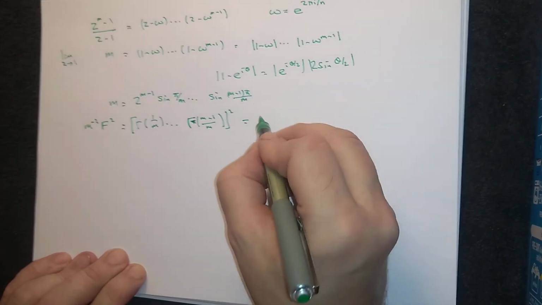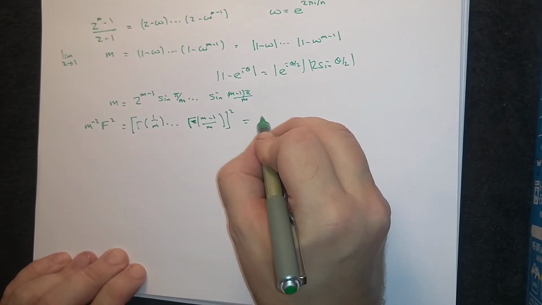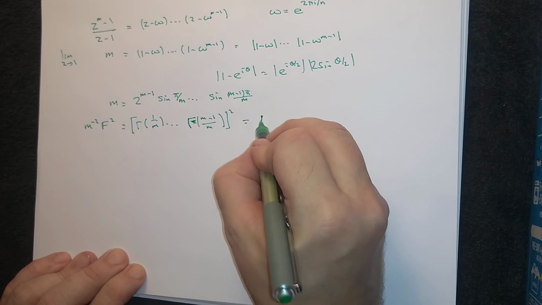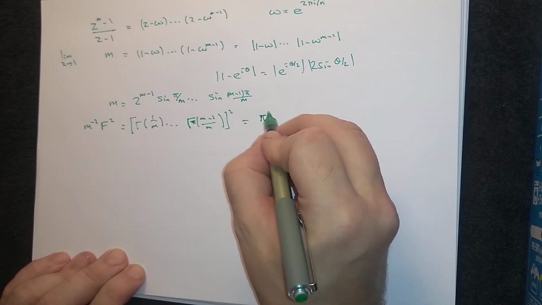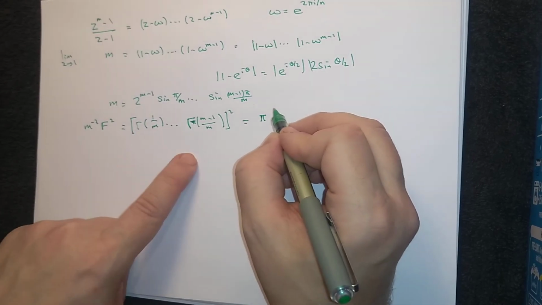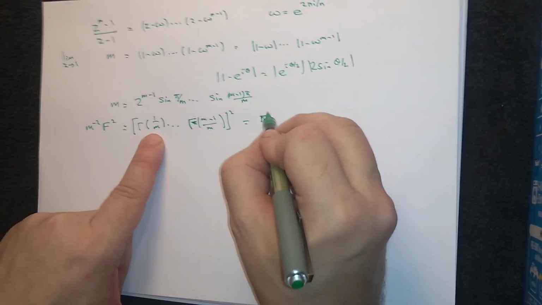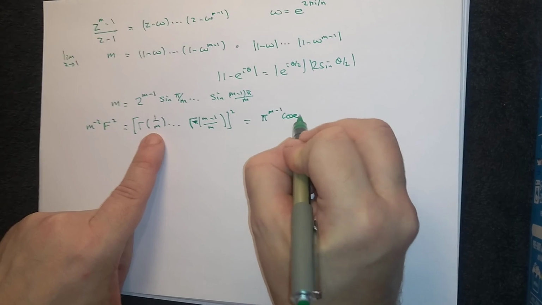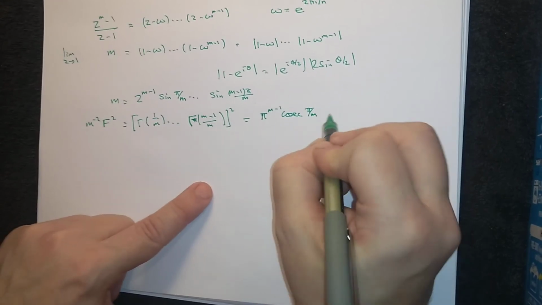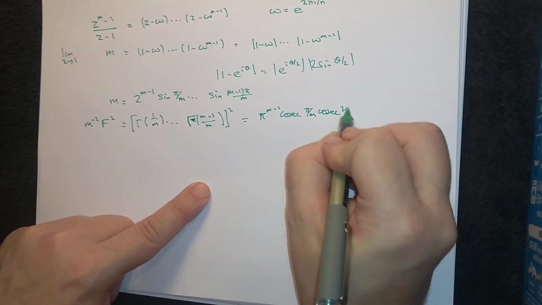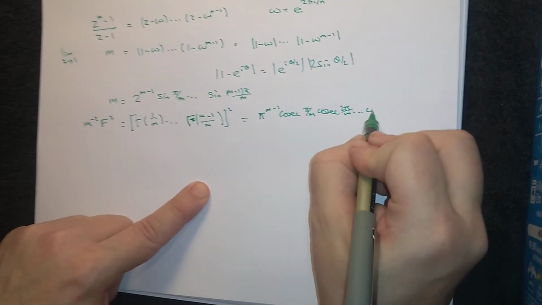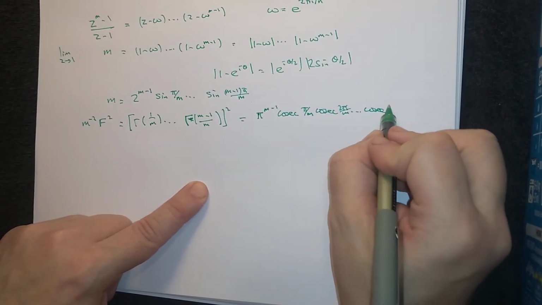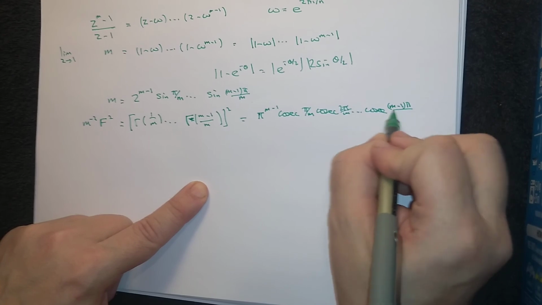So that will just give me pi to the m minus 1 cosec pi over m cosec 2 pi over m up to cosec m minus 1 pi over m.